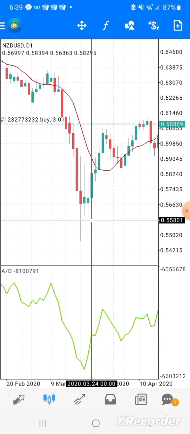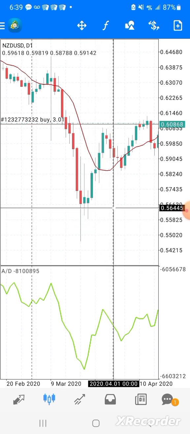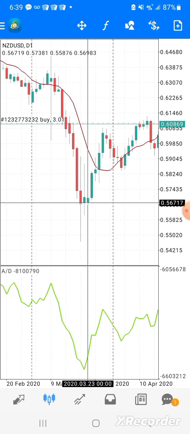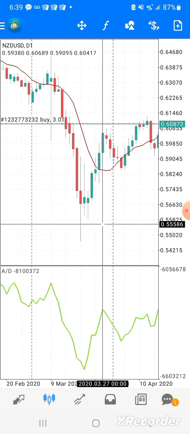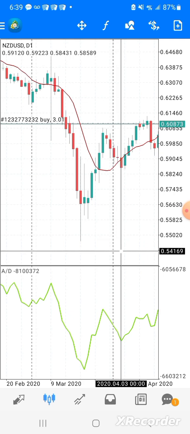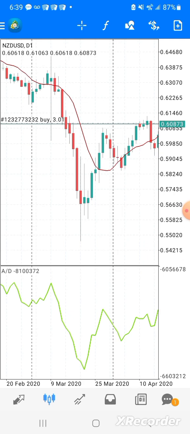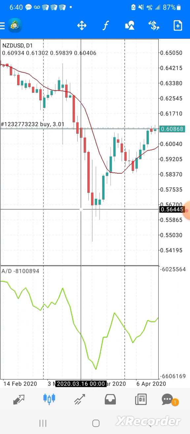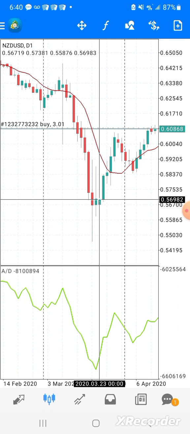A hammer will look like the second bar after the downtrend, which is here. If I move this out the way, an actual hammer would look just like this bar right here.